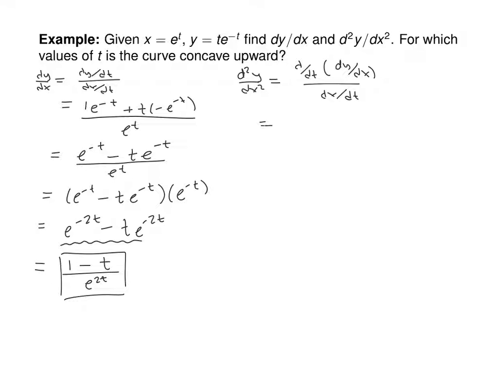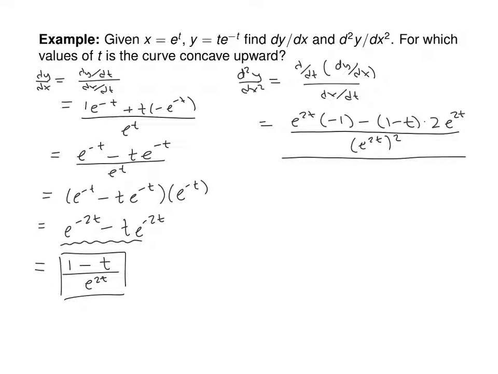The derivative of this first derivative will be e to the 2t times negative 1 minus 1 minus t times 2 e to the 2t, where the 2 came from the chain rule, over e to the 2t squared, and then all that divided by dx/dt, which is e to the t.